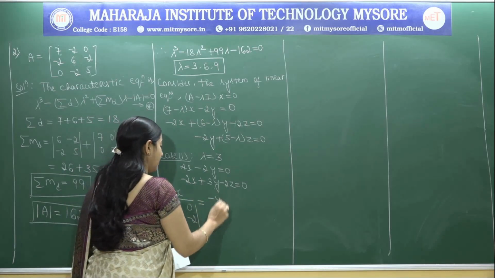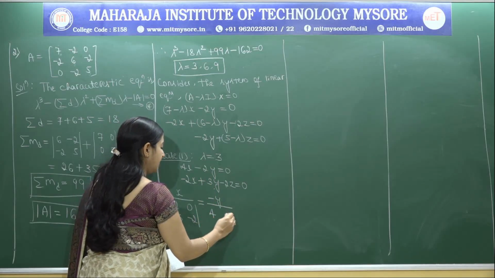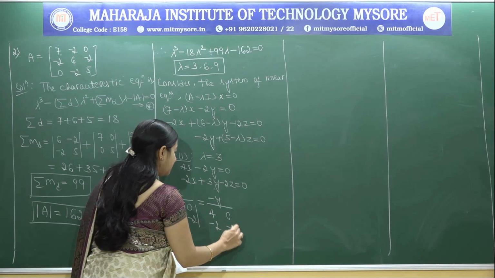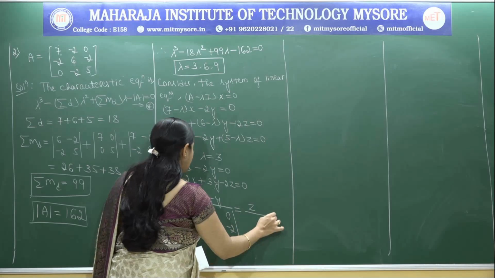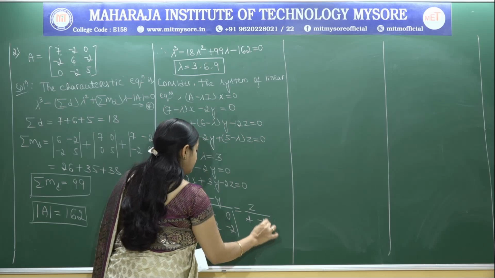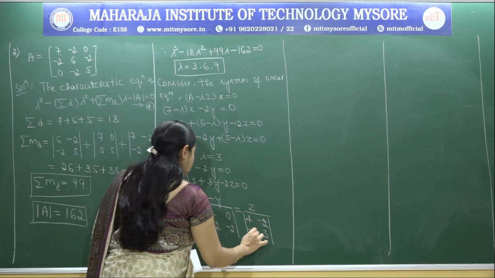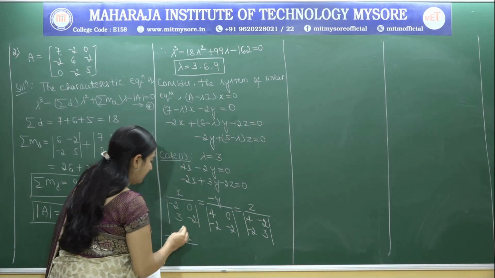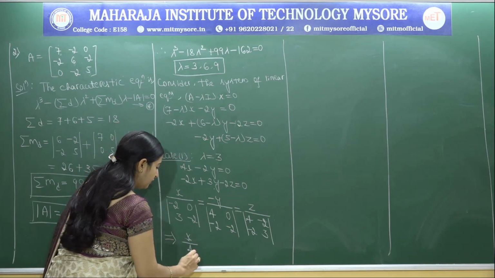Next, minus y divided by, so delete the y coefficients, take the x and z coefficients, minus 2 and minus 2. Next, z divided by, delete the z coefficient, I consider the x and y coefficients. It is minus 2, minus 2 and 3. So on solving this, x divided by, minus into minus you will get the plus, so you will get the 4.